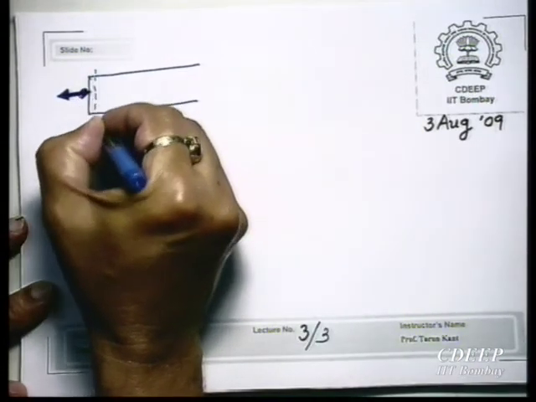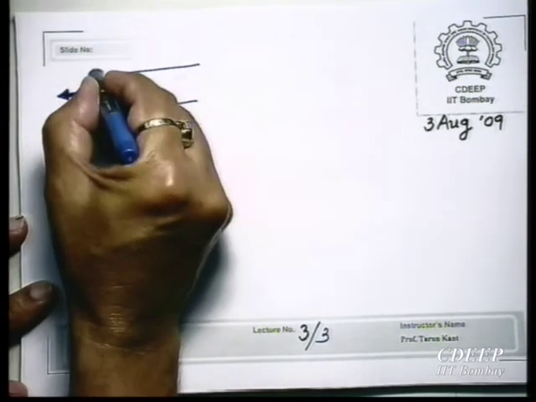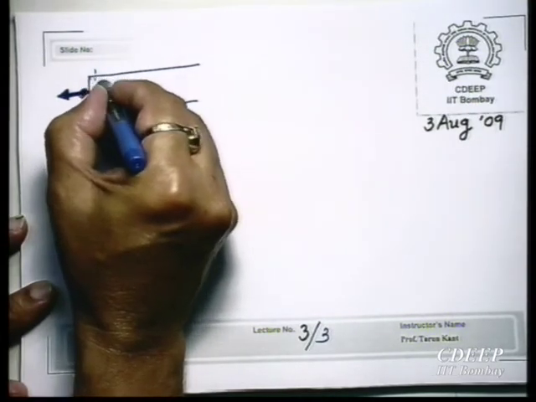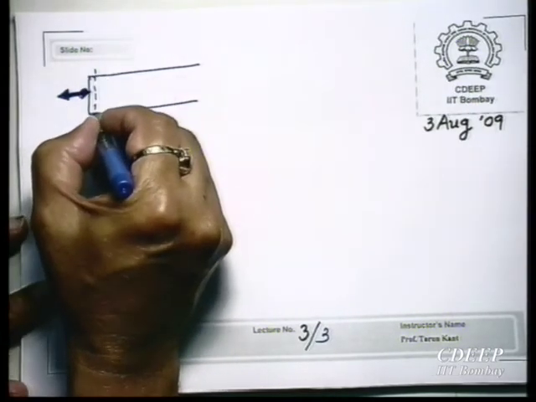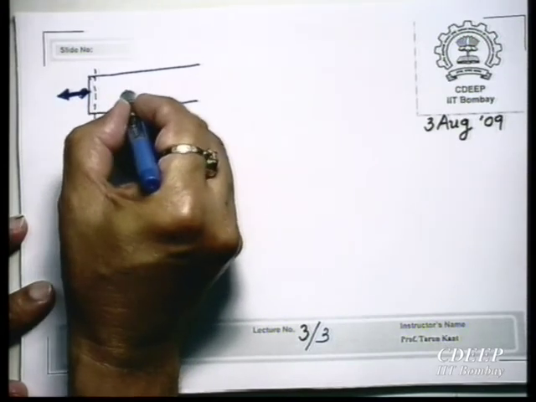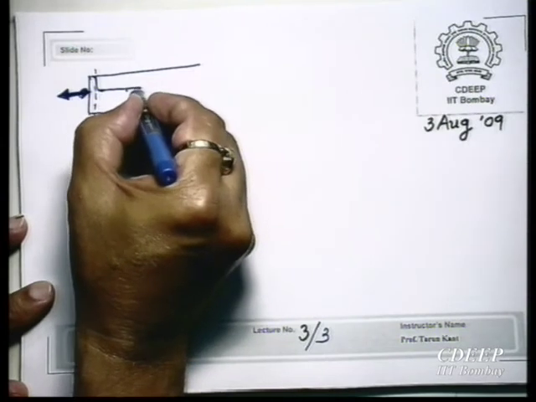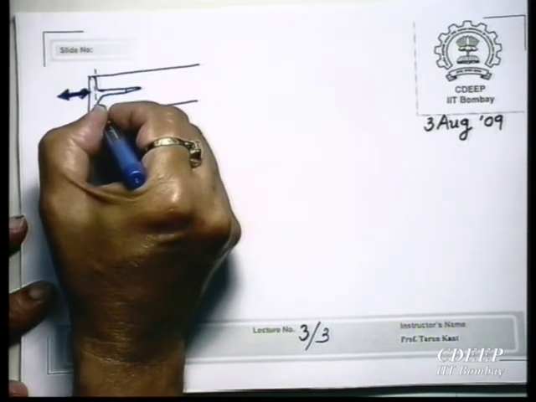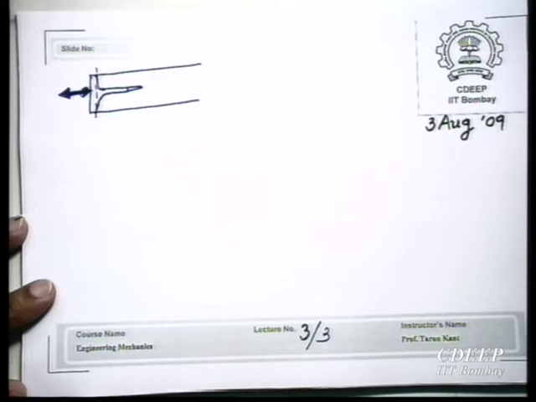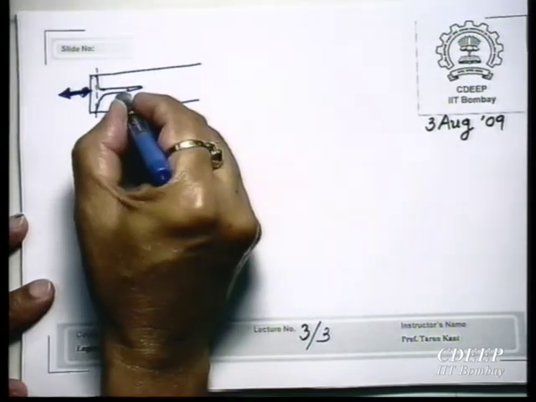So, very close to the end, if I draw the distribution, it will be more or less 0 here and maximum will be here. So, it may be even a steep variation like this. This will be the variation of stress.